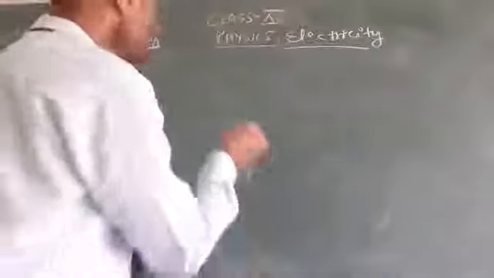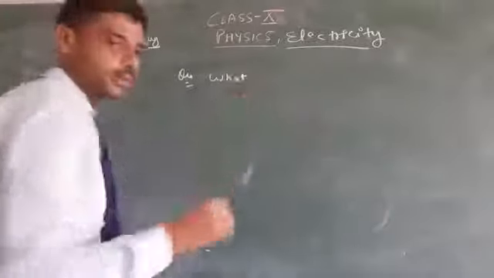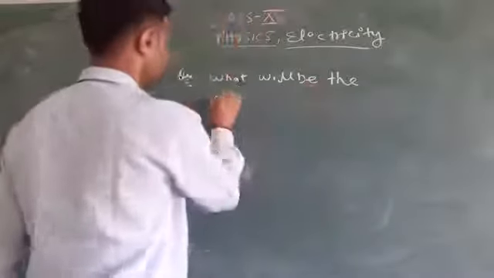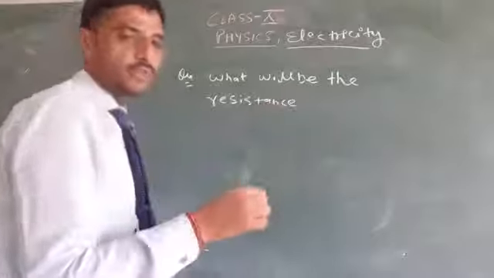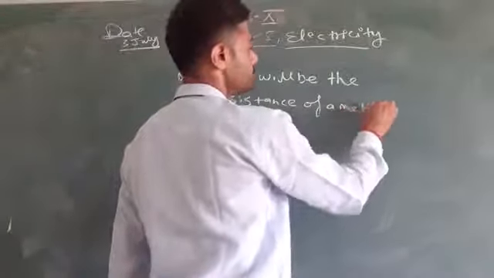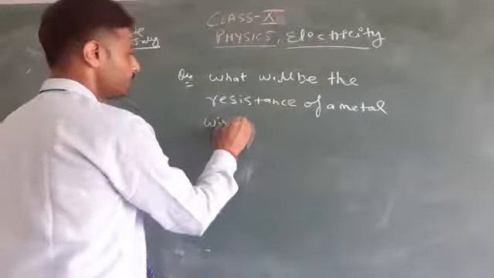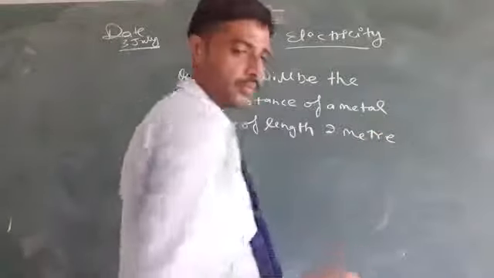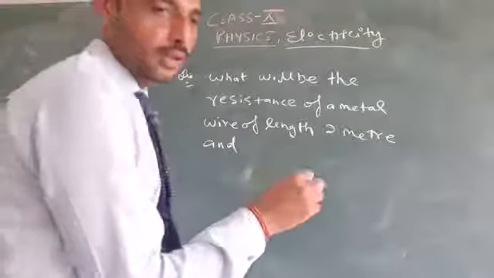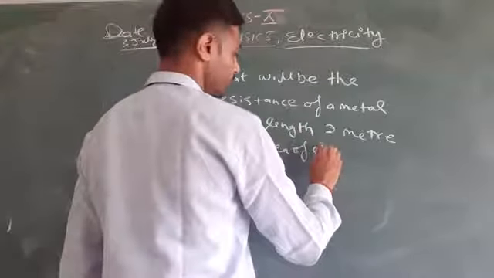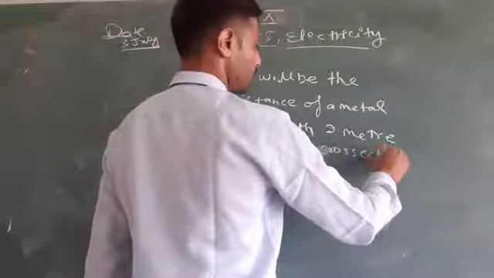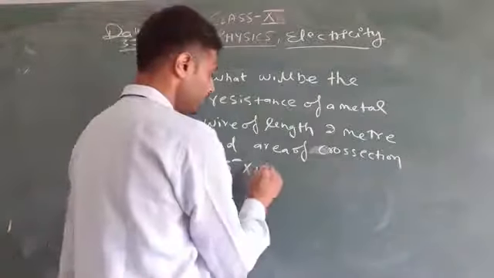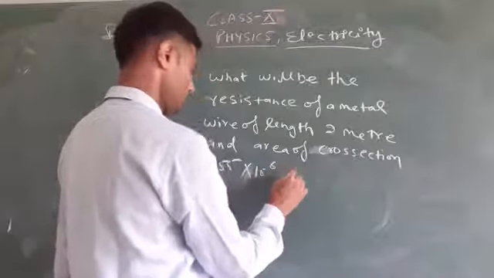The next numerical: what will be the resistance of a metal wire of length 2 meter and cross-section area of 1.55 into 10 to the power minus 6 meter square.